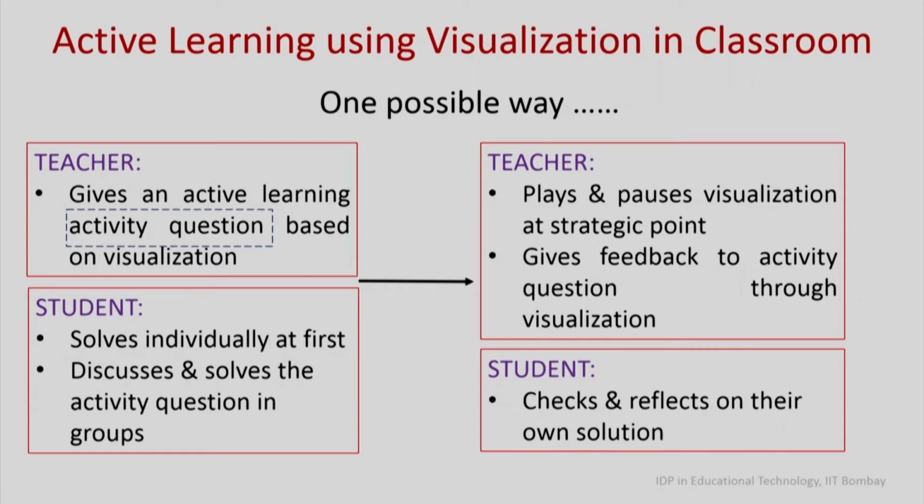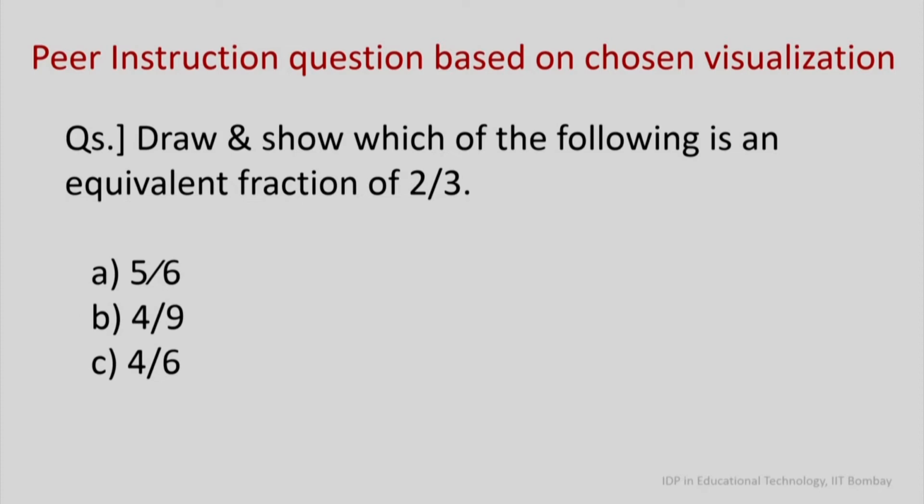The most important thing that we as teachers need to do is design this activity question before we can get going with the activity. So let's see, what peer instruction question can I give? I will be giving this question: draw and show which of the following is an equivalent fraction of 2/3.